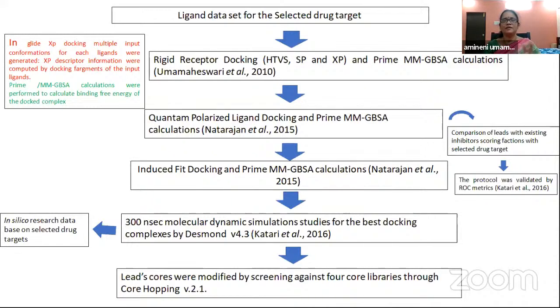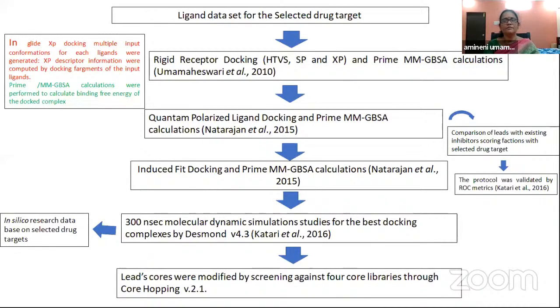In SP we give some more weightage, and in XP we give even more weightage if there is any steric hindrance. Like that we also give negative values and assign the scores. Once we have the XP results, we will check the MMGBSA, meaning we will do free energy calculations.